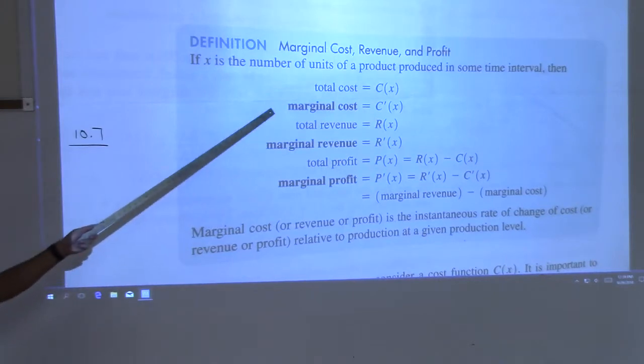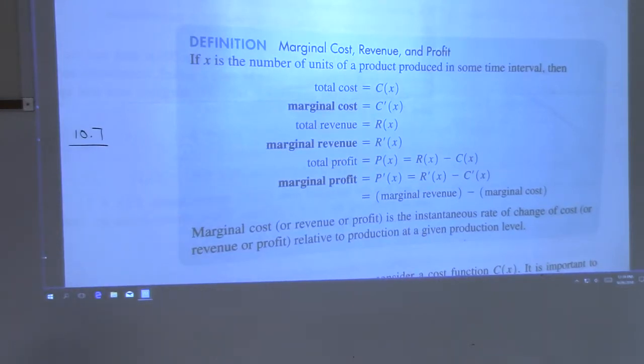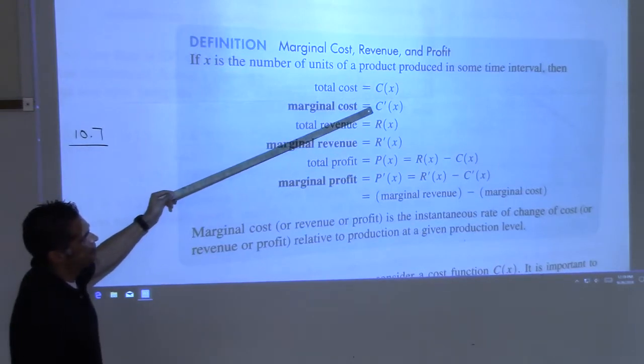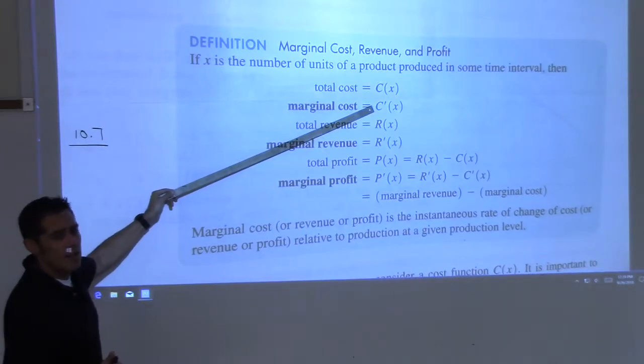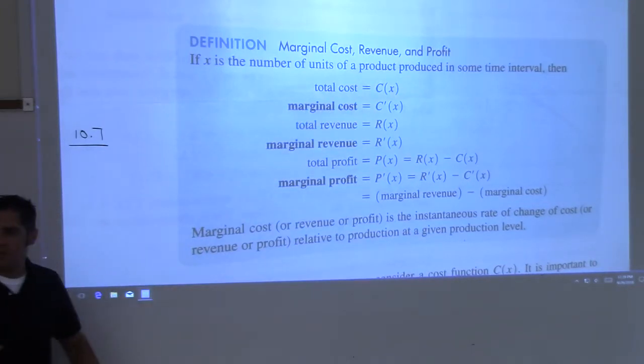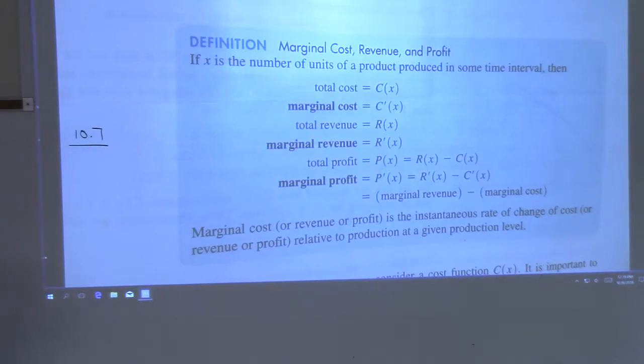This is in bold here, and it's what's called the marginal cost. And the marginal cost is just the what? C prime, which represents the derivative, right? So if we take the derivative of the cost function, we get a new function, and that function is now called the marginal cost. So if you're reading a word problem and it says, find the marginal cost for this company, they want you to take the derivative of the cost function, right?